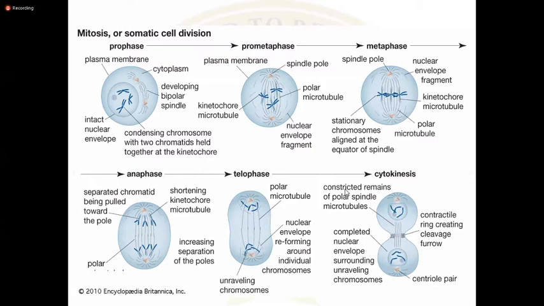A contractile ring is created. It cleaves the cells into two equal halves. A well-formed nuclear membrane is there with the chromatin material inside. The chromatids rearrange themselves.